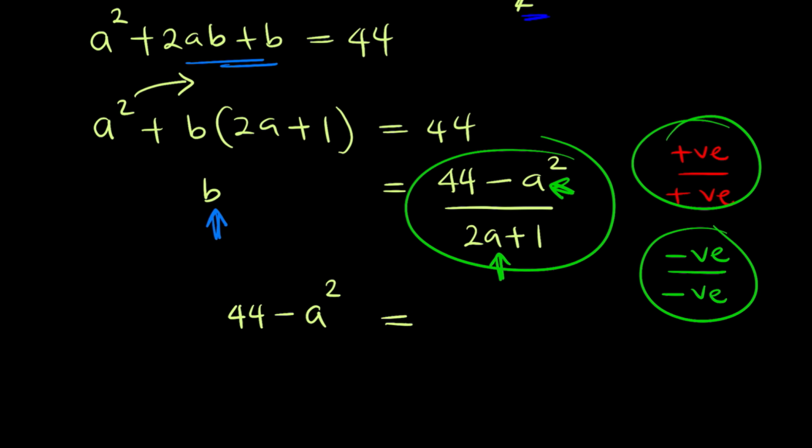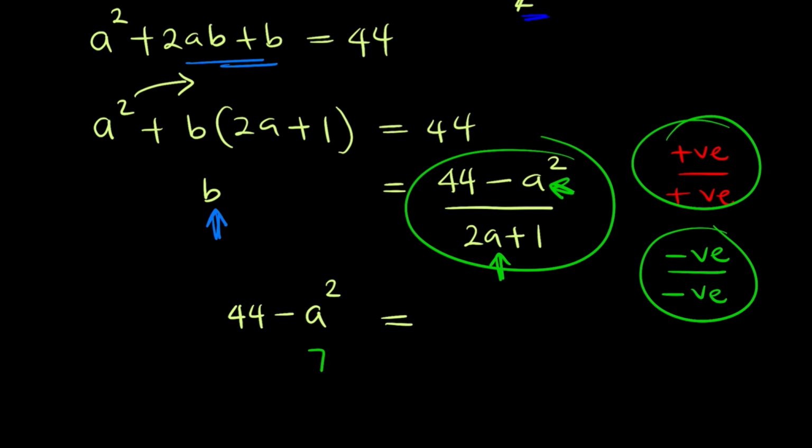Any number greater than 44 will make the expression negative, of course. If you say 44 minus 45, that gives you a negative value. And a squared is definitely a perfect square. So if we put 7, for instance, 7 squared is 49, and 44 minus 49 is negative.